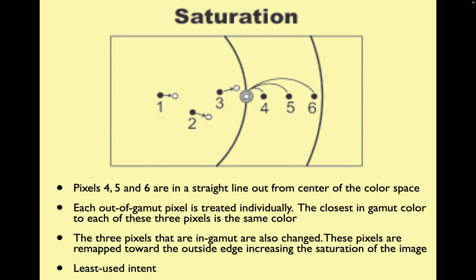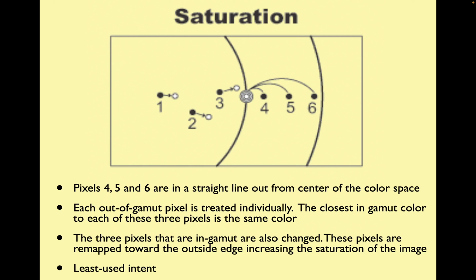So in this first setup, it's a saturation change. What happens in the saturation change is that 4, 5, and 6 are all brought out of gamut right to the edge of where the printer can print them. The problem with this is that 4, 5, and 6 become exactly the same color. So you've lost detail. But this rendering intent is really not designed to maintain detail. It's designed to give you the greatest difference in colors by increasing the saturation of everybody.